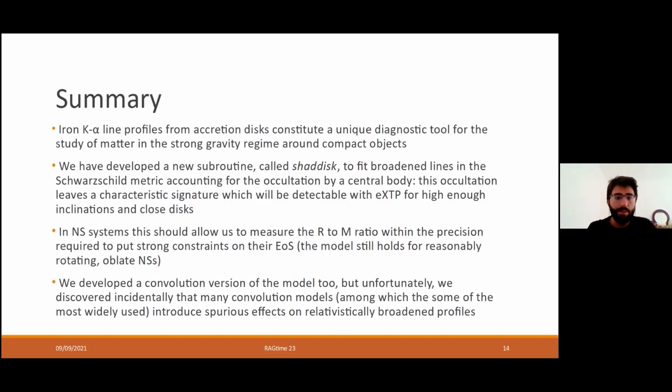Now, just to summarize, iron line profiles have been a unique tool to study matter in the strong gravity regime, and in particular in accretion disks around compact objects.